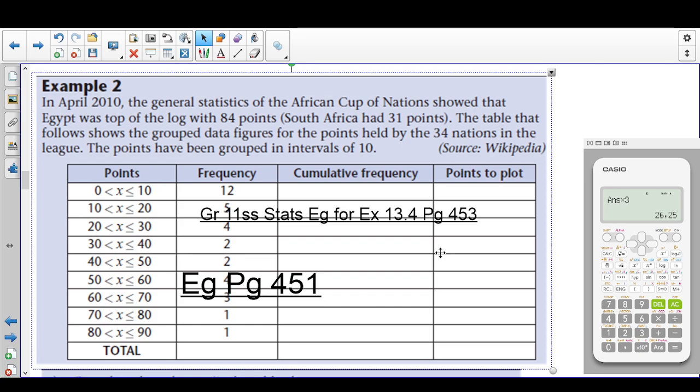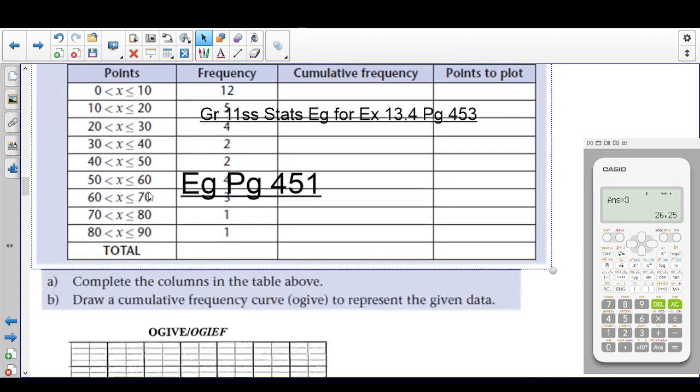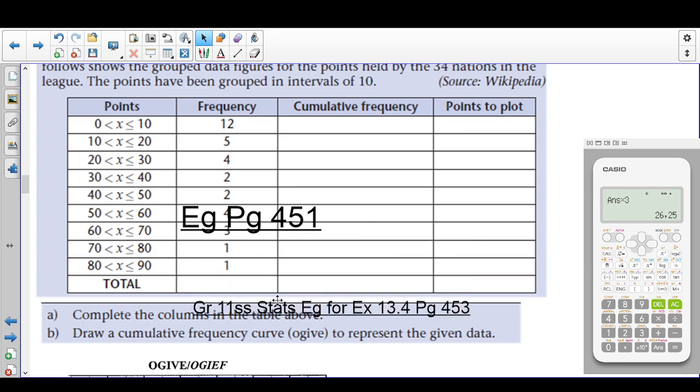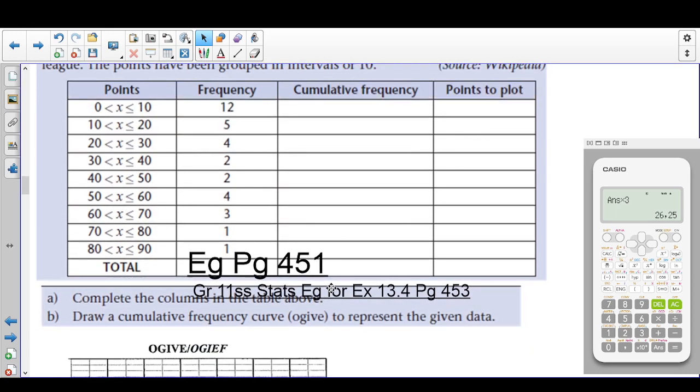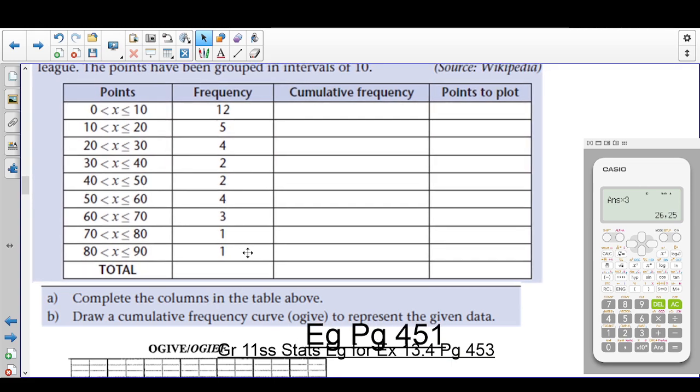The points have been grouped in intervals of 10: 0 to 10, 10 to 20, and so on. We are given the frequency, the cumulative frequency is blank, and the values for the points to be plotted are also omitted. The first question says, complete the columns in the table above.